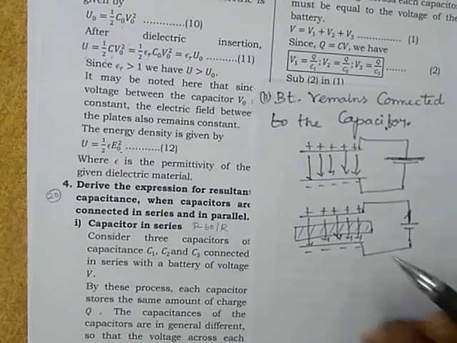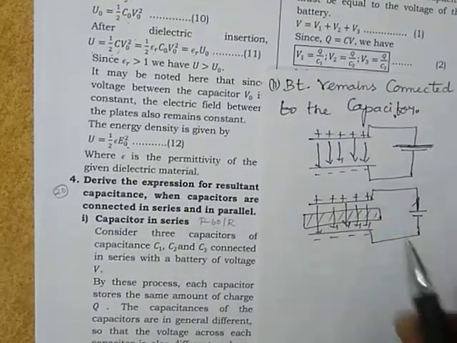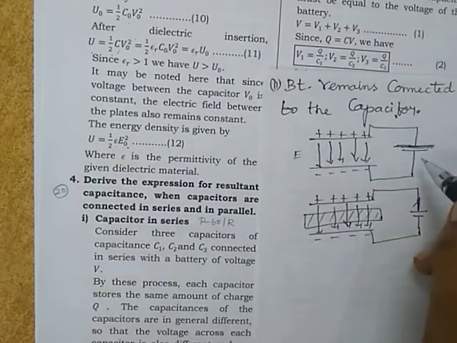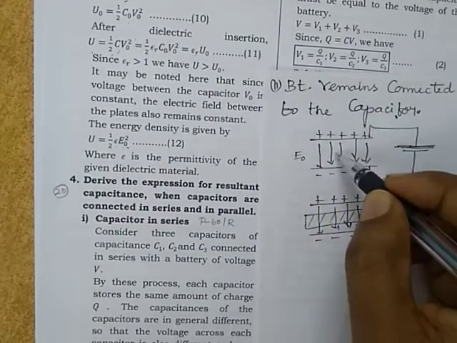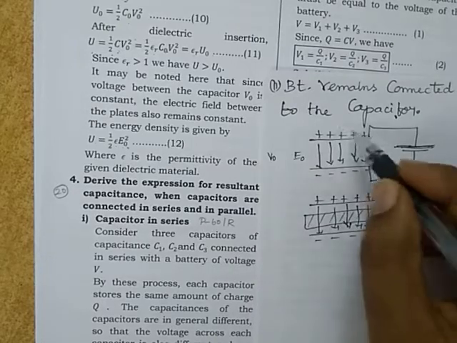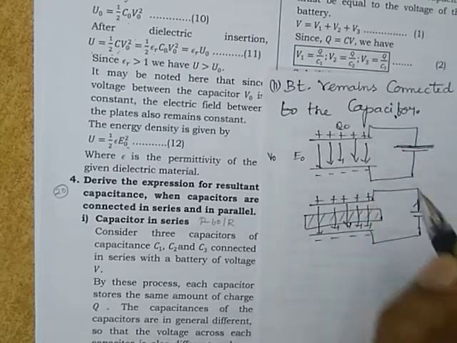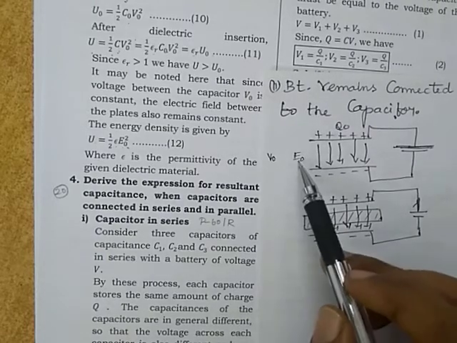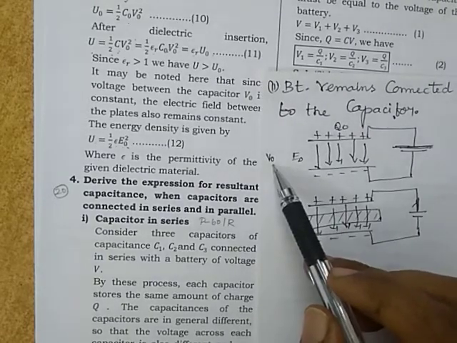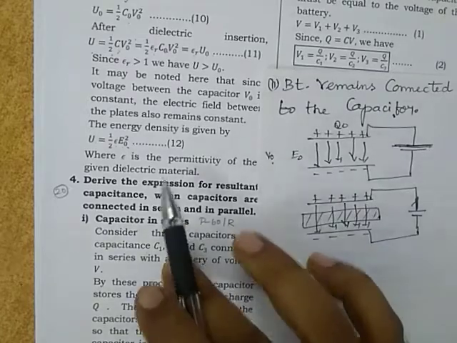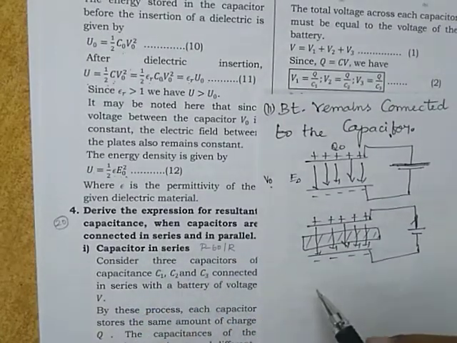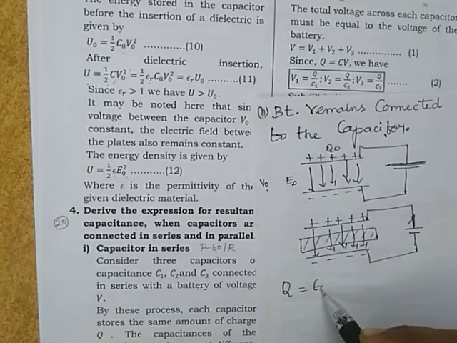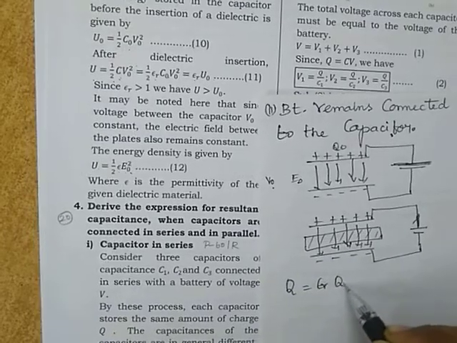When the battery is connected with the capacitor, at that instant the electric field before the dielectric medium is placed is E naught, the potential is V naught, and the charge is Q naught. After the dielectric medium is placed, the electric field never changes and the potential never changes. But the only change is that the charge increases. Then Q is equal to epsilon r times Q naught, it increases.